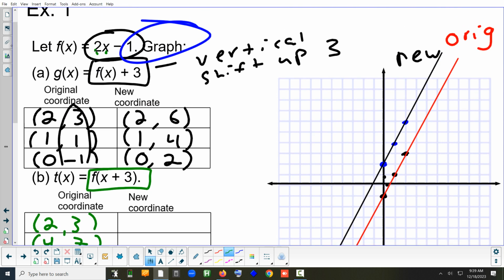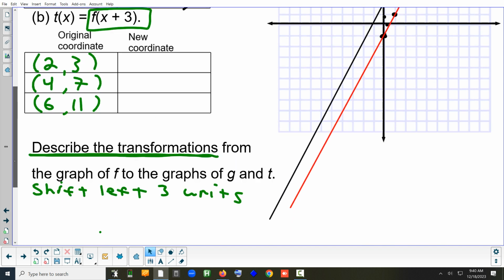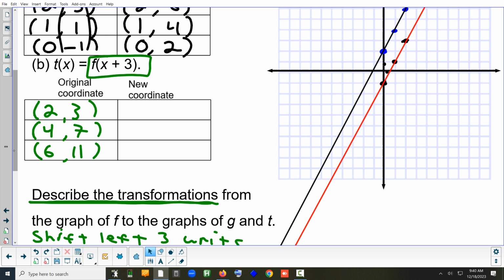All right. So first one we did was the plus 3 on the end. Now we're going to do the plus 3 on the inside. So how do we get the new coordinates? What does it say to do under row 6?